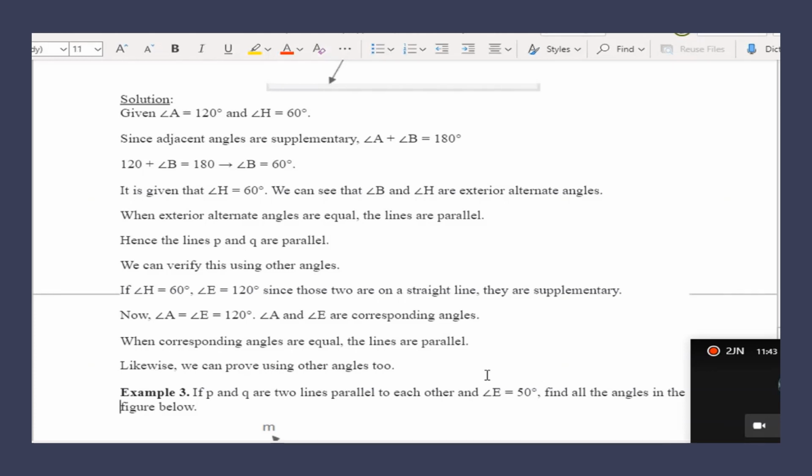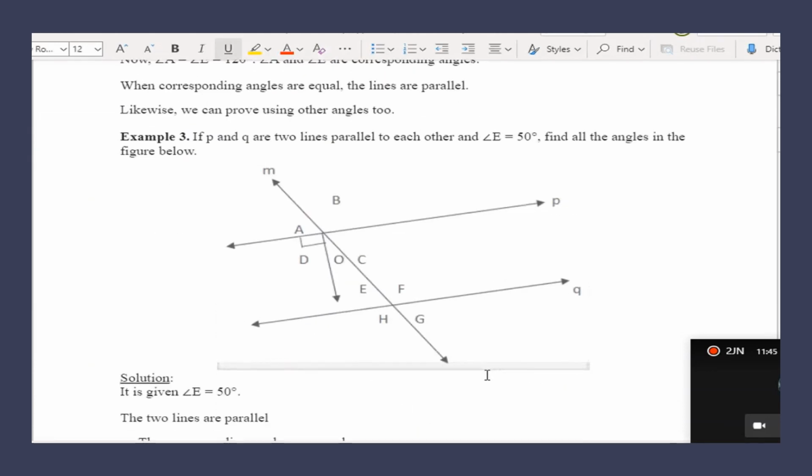Example 3. Of course, you will need to write out these examples for your proper use later on. Okay? So, example 3 says, if P and Q are two lines parallel to each other, and angle E is 50 degrees, find all the angles in the diagram below.